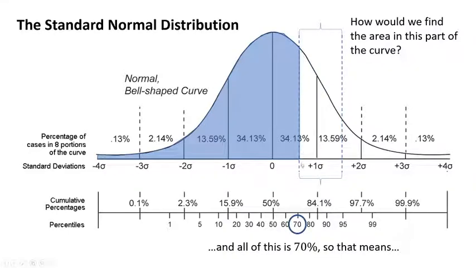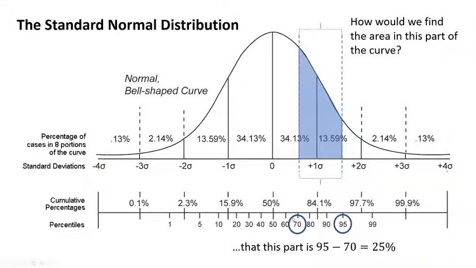And this area from here to the left is 70% of the total area under the curve. So how would we find this area? Well, hopefully you can see that it's this number, 95, subtracting 70%. That's going to give us just this slice right in here, isn't it? So in this slice of the normal distribution, we are dealing with only 25% of the data. That kind of makes sense here, about 25% of the data within this slice right here.